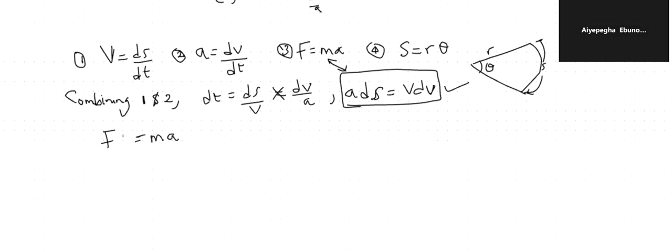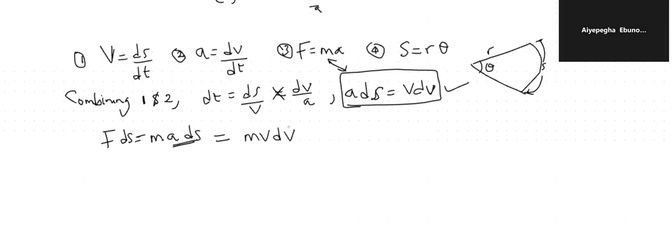Now if I have ds here, what I did on the left, I also do on the right. You know that a ds is the same thing as v dv. So I'm going to have m v dv.